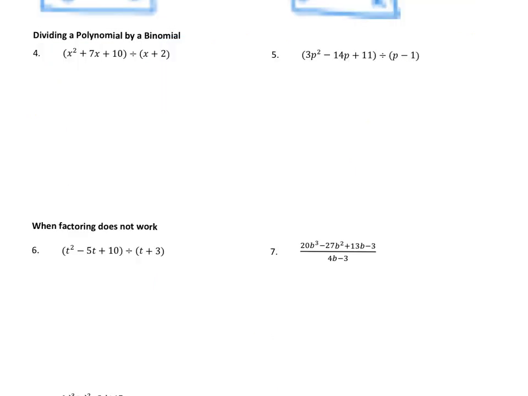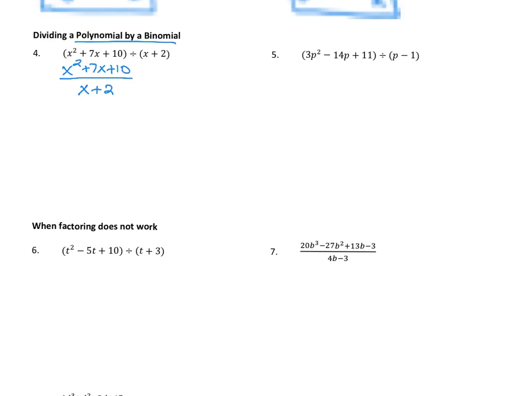So when we do division, there's many ways we can write it. So a lot of times the original problem will be written such as it is number 4, where it's a polynomial divided by a binomial. So I could always rewrite this division problem in a different way, such as a fraction. And we've seen these with the examples that we did yesterday.